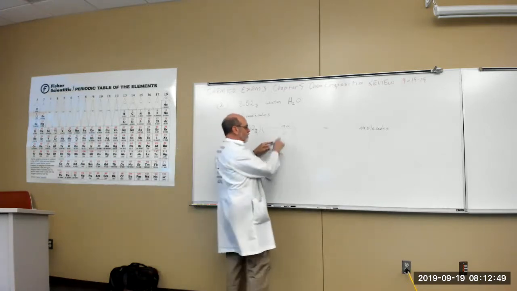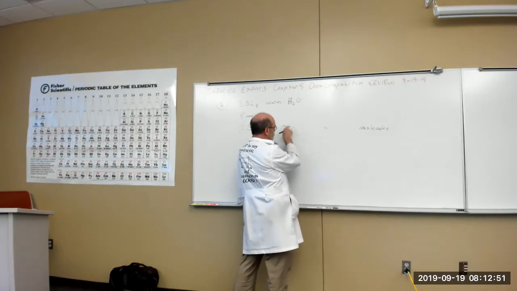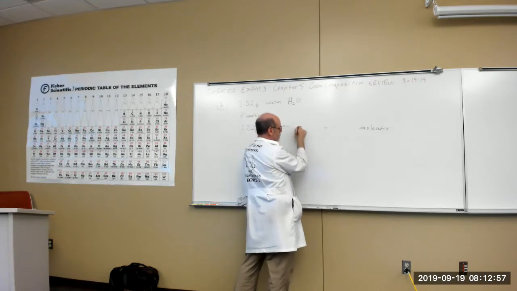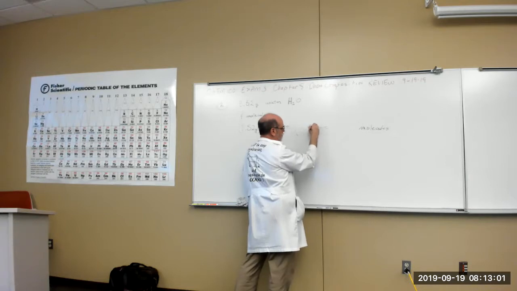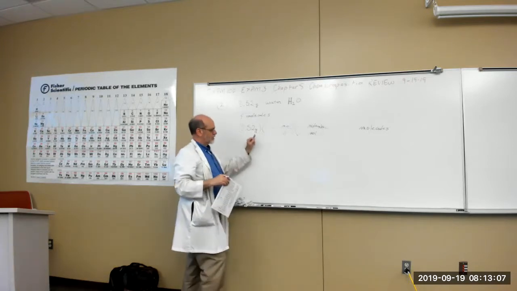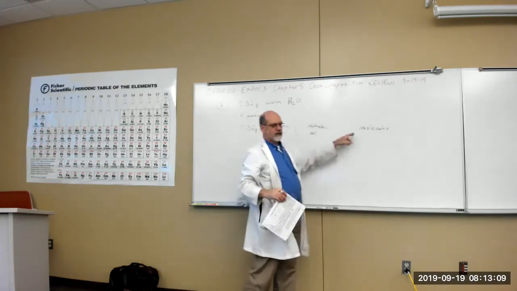Once we get to numbers, we change this unit for numbers to that unit for numbers. So this is a chained conversion. We're chaining 2 conversion factors to get to our answer.